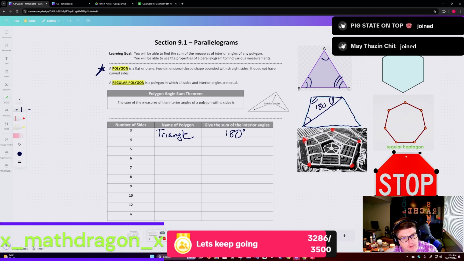Well, that's 180. Same thing on this side, 180. So your quadrilateral is 360 degrees.